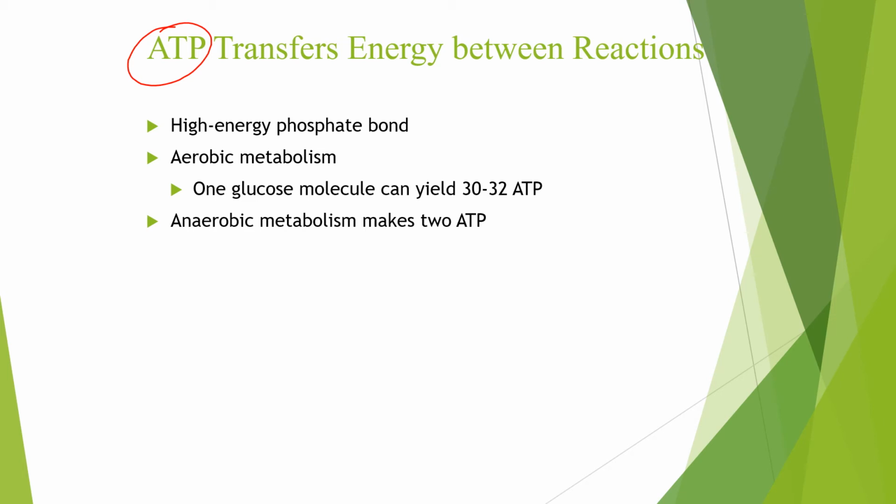So for us to produce a good amount of ATP, we go through what's known as aerobic metabolism, or you can refer to it as aerobic cellular respiration. That's when we break down food that we consume or macromolecules that you already have in your body, and you get 30 to 32 ATP.